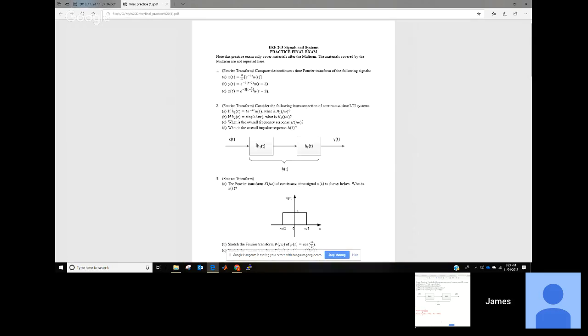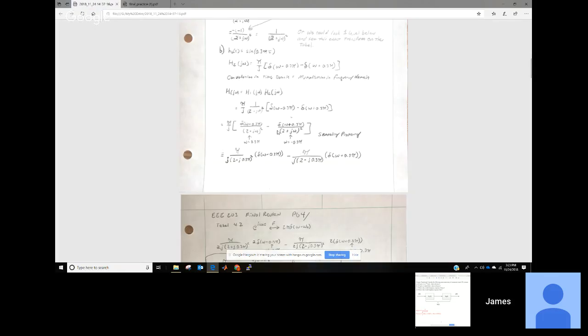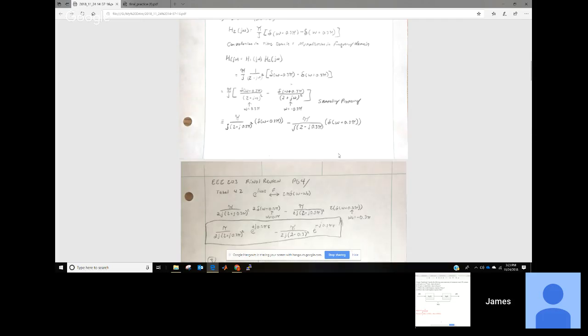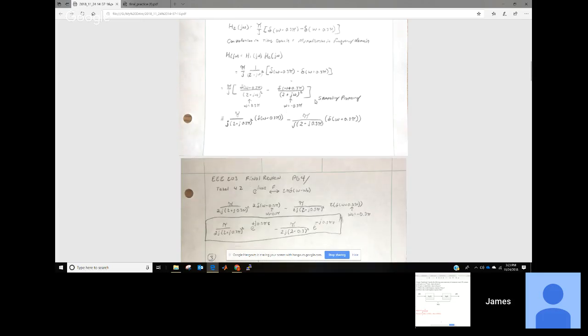And then number 4 asks us to calculate the overall output. So we have to do an inverse Fourier transform. So we have to get this into something you recognize. Getting down to here, we'd use the sampling property. We know that this is only going to be non-zero when omega equals 0.3 pi. So we can just take that 0.3 pi and put it into our omegas for this one.